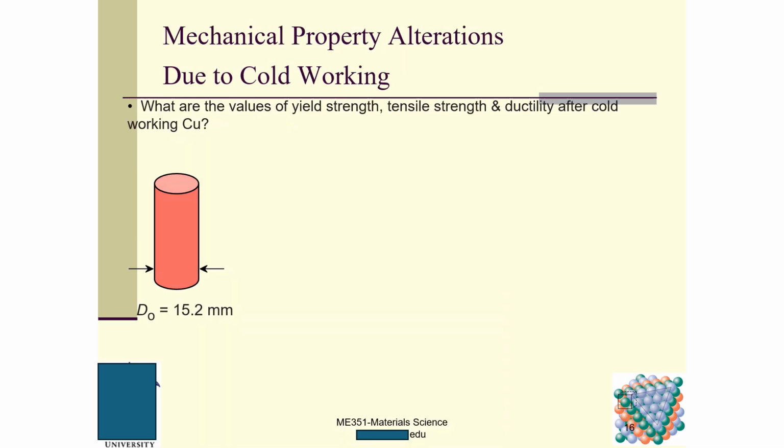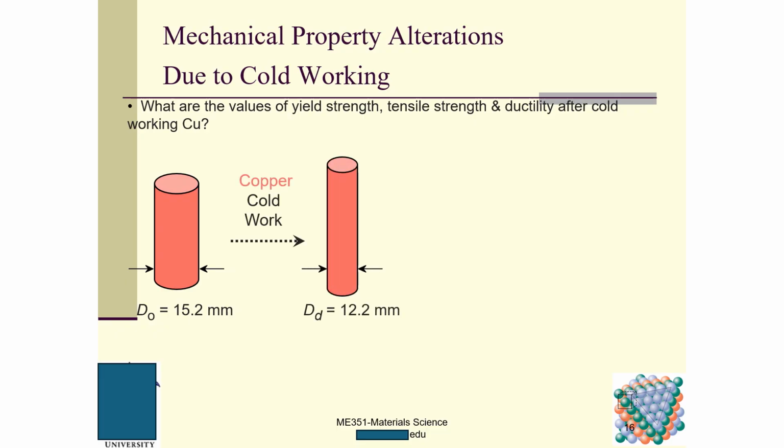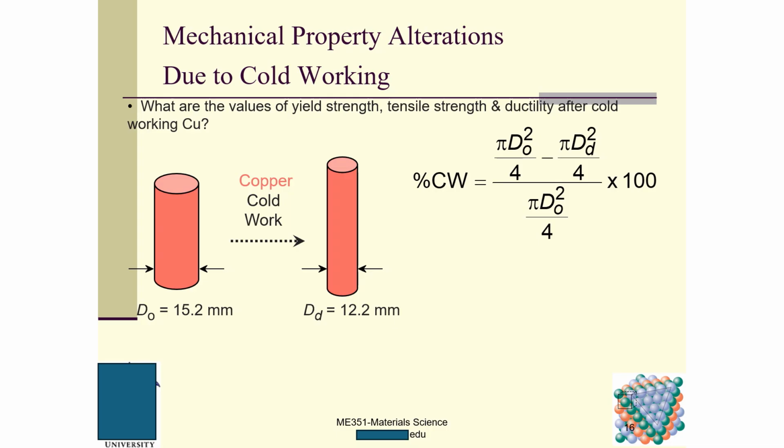The mechanical property alteration due to cold working, you can see what will happen, right? What are the values of yield strength, tensile strength, and ductility of cold worked copper? This is the original diameter D0, and this is the final diameter Dd. The percentage of cold work equals the cross-sectional area of the original one minus the cross-sectional area of the final one, divided by the cross-sectional area of the original one, then multiplied by 100.